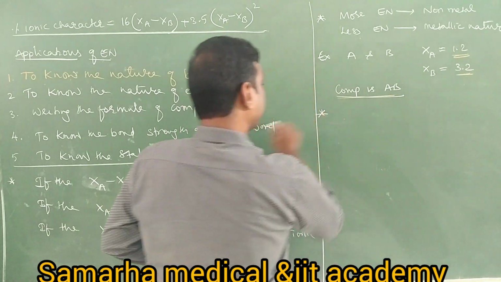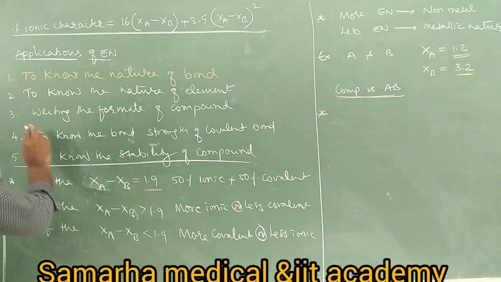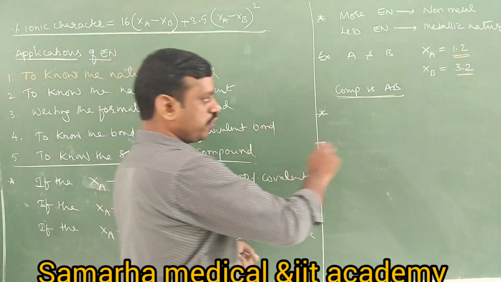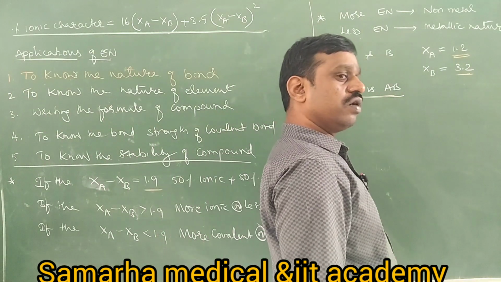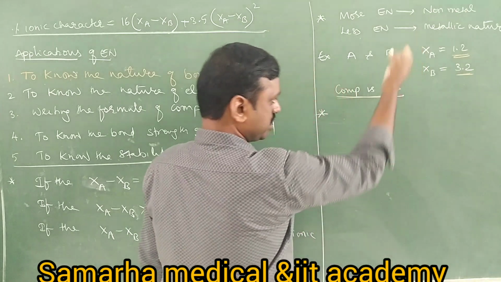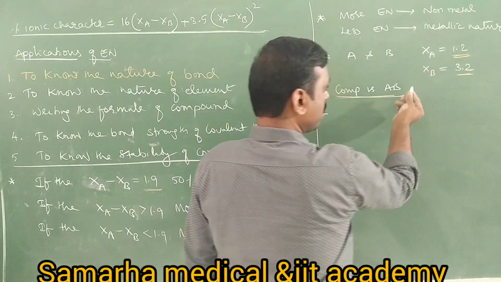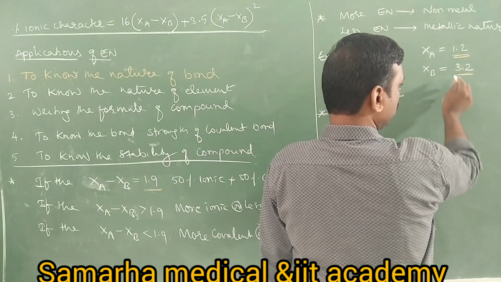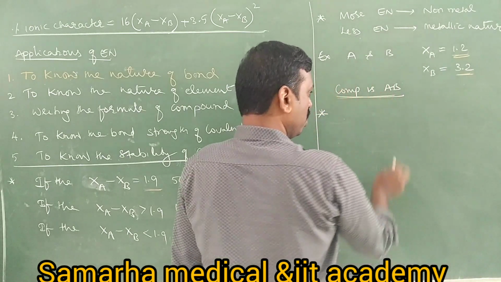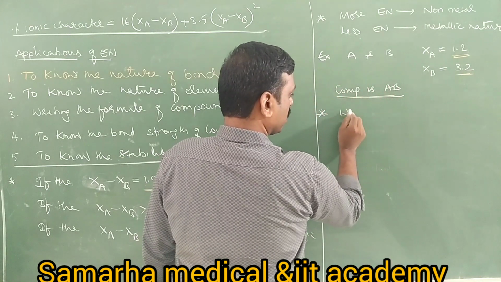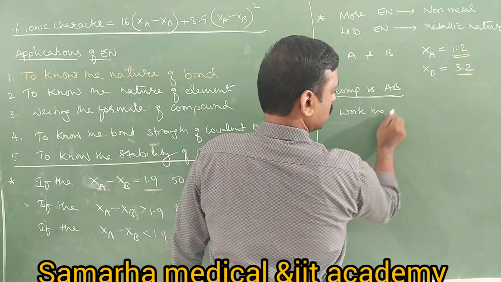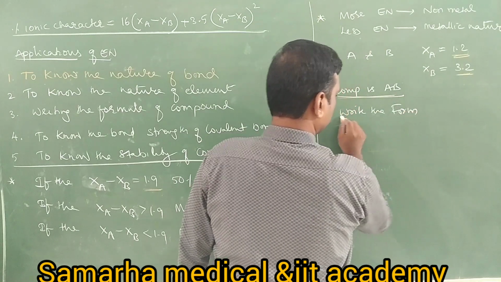Next, the third application is writing the formula. If you know the electronegativity values, take the same example: the electronegativity of A is 1.2 and of B is 3.2. Now write the formula. What is the formula of the compound?